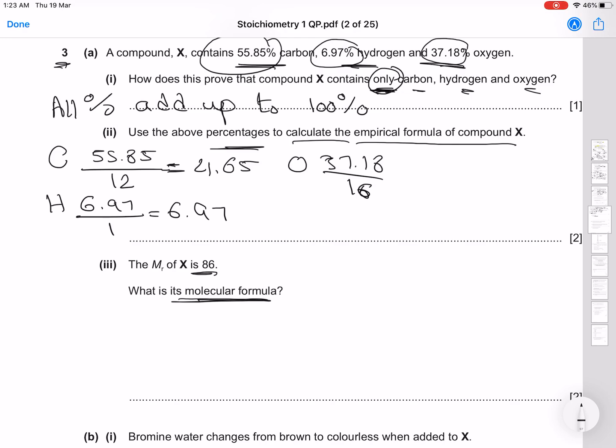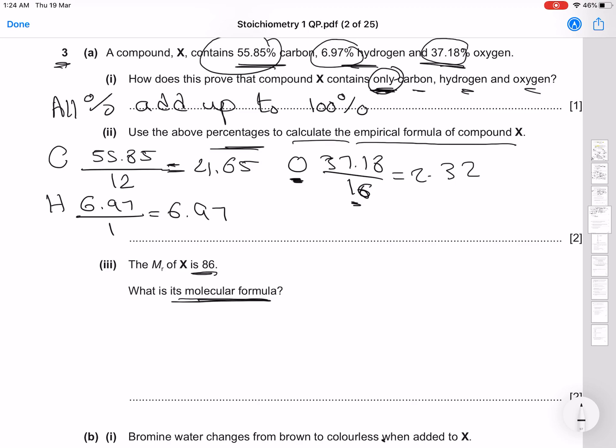Don't do 16 times 2 by 32, because here you're only dividing by the atomic mass of one oxygen, which is 16. The answer should be 37.18 divided by 16. It should be 2.32.